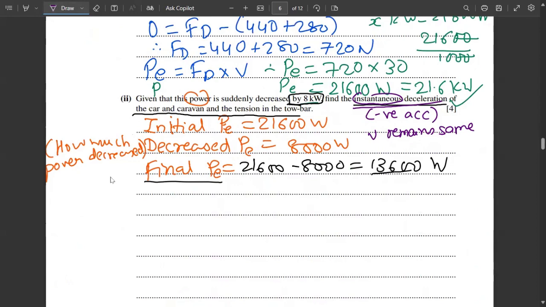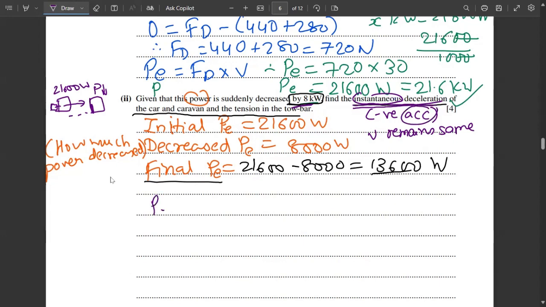Yes. Why? Because instantaneously 8 kilowatt is being reduced. So initially the car with a caravan is traveling at 21600 watt. After reaching somewhere here, the power is decreased, but it will take some time for the velocity to decrease. However, because instantaneous deceleration occurs, the acceleration will change.